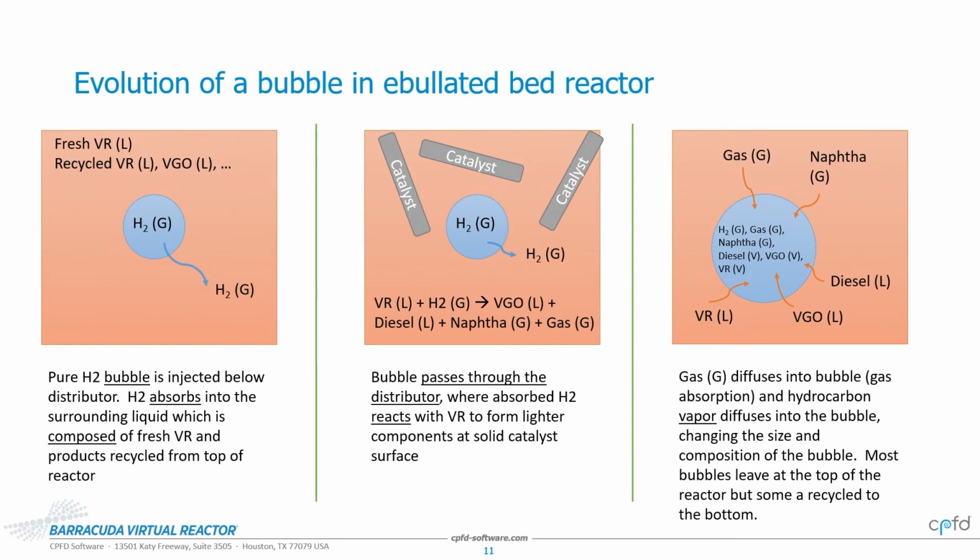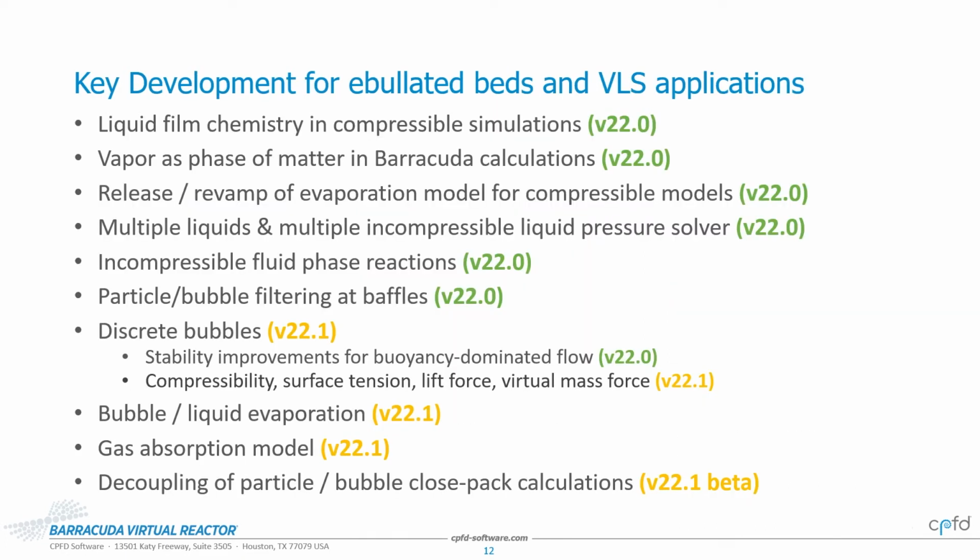As the reaction is progressing, we have products, liquid vapor or gaseous products, that are diffusing back into this bubble. So the composition of this bubble is changing as it's traveling up the reactor.